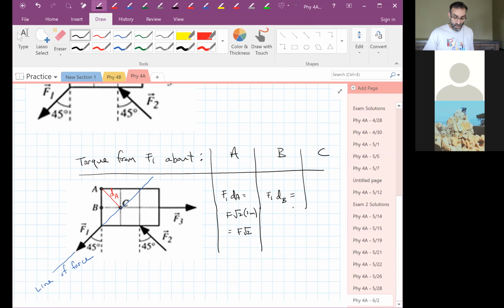Torque is a vector quantity. So axis of rotation, I'll use green, I guess, for the next one. I'll call that D, the lever arm for axis of rotation B, D sub B. So what do we get? We get the force times the square root of 2 over 2 times 1 meter, which is just F root 2 over 2.